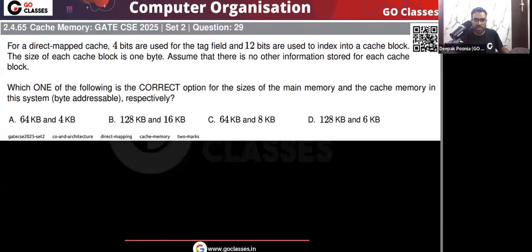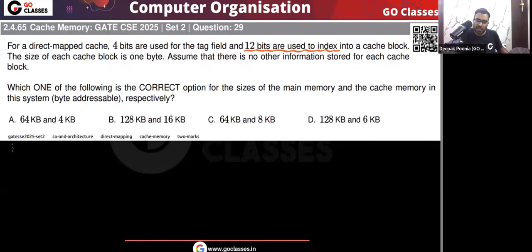Here you can see that in a direct mapped cache, 4 bits are used for the tag field and 12 bits are used for index. So tell me, if 12 bits are used for index, then how many lines are there?